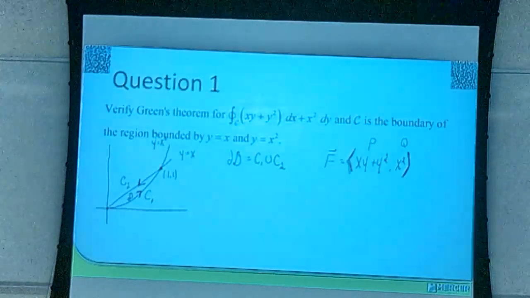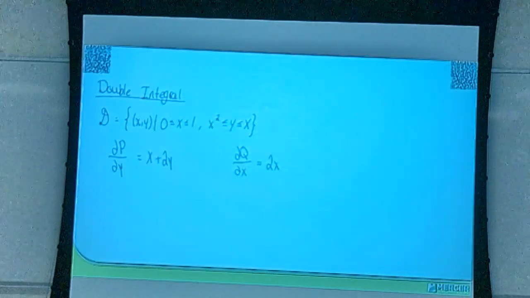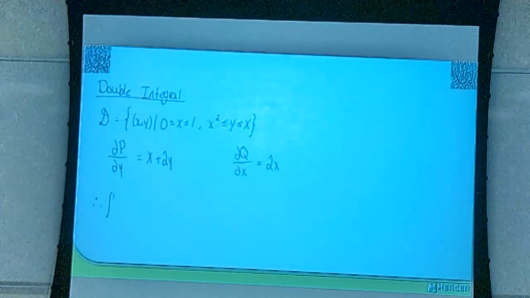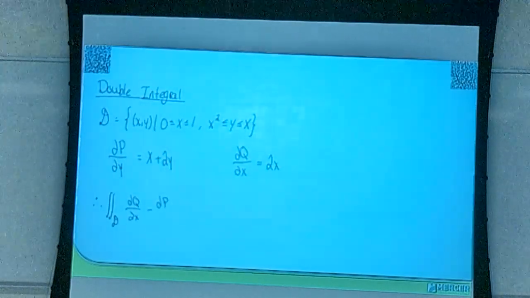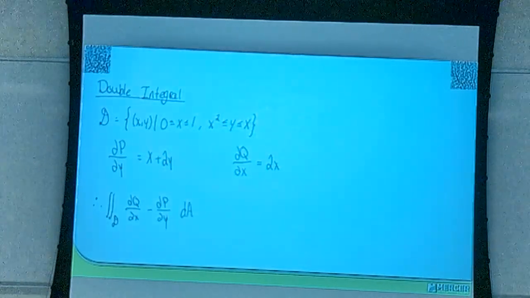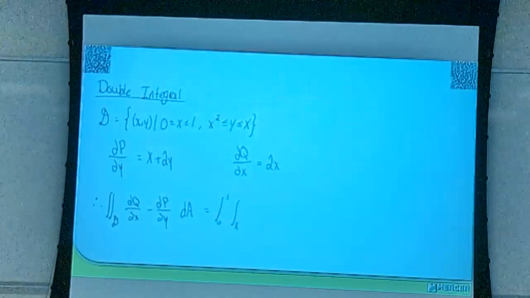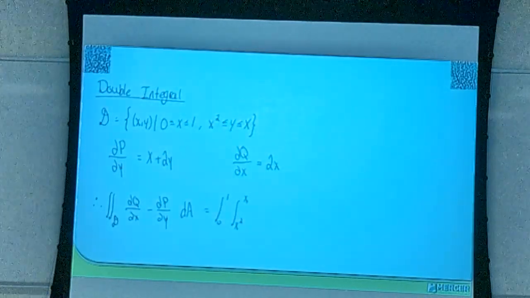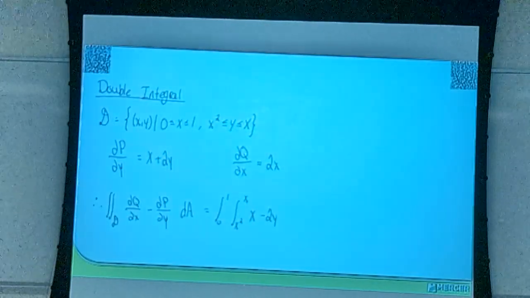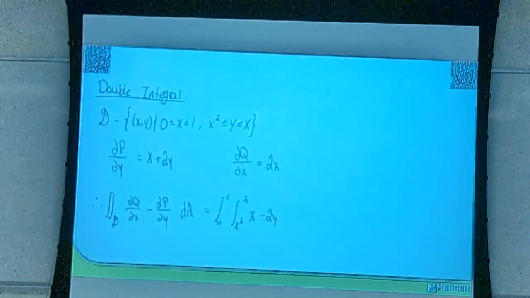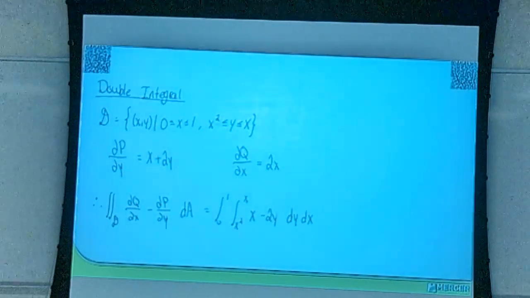What is partial q partial x? 2x. So it's 2x minus x minus 2y. That's the double integral we need to evaluate.